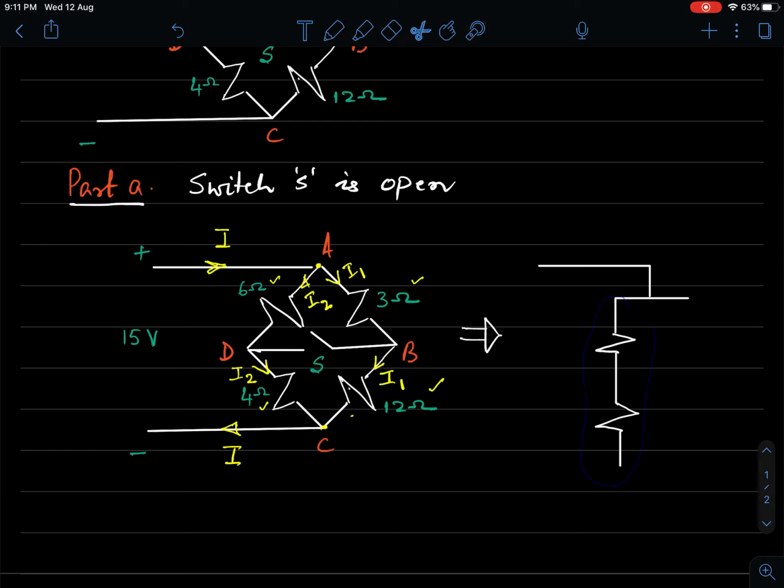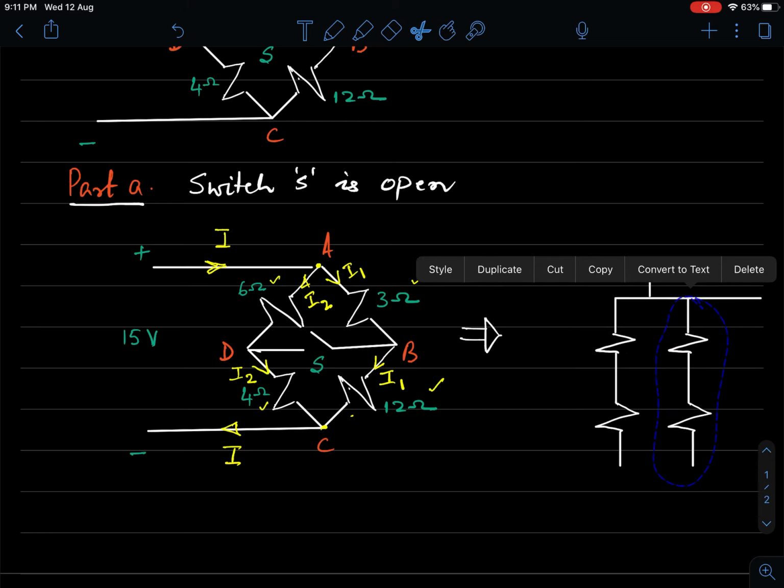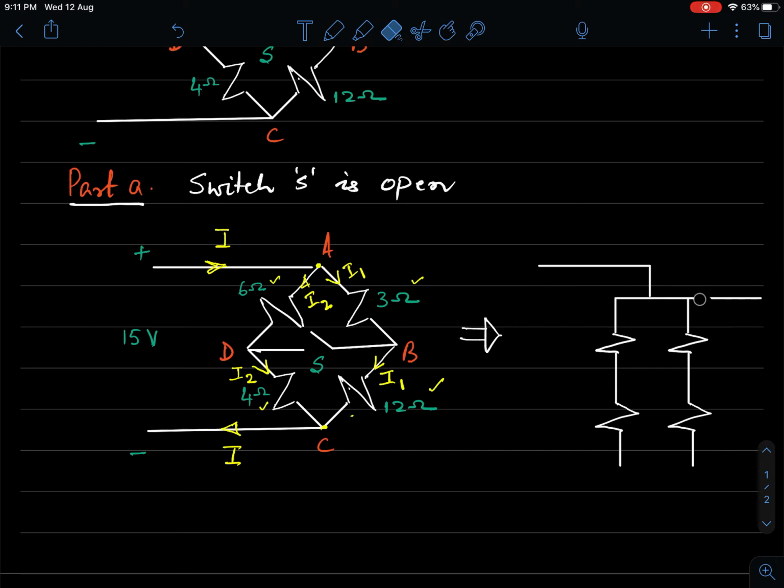I'll take this part, copy, then paste so that I get this line. I will erase this, put my pencil back, then write this line. Okay, the two circuits are the same.